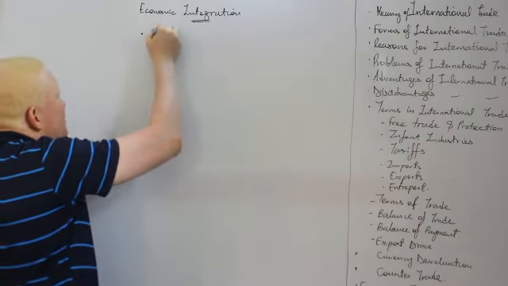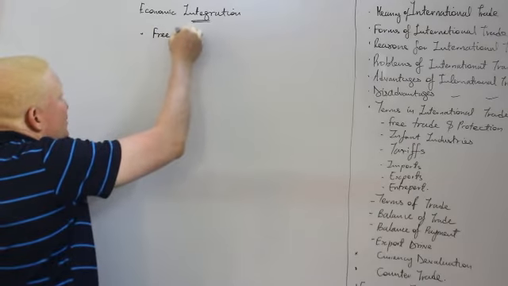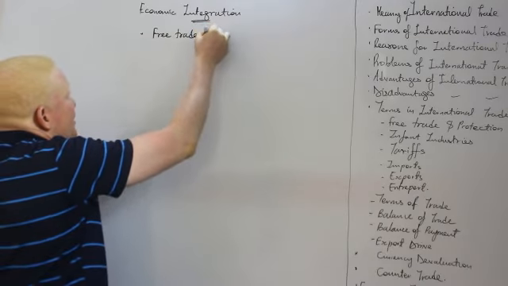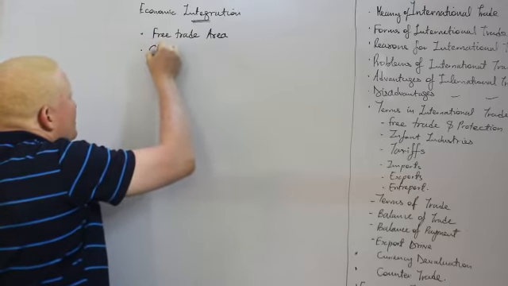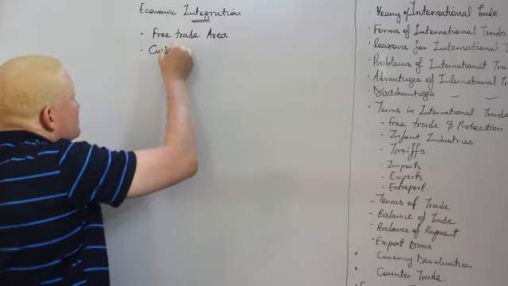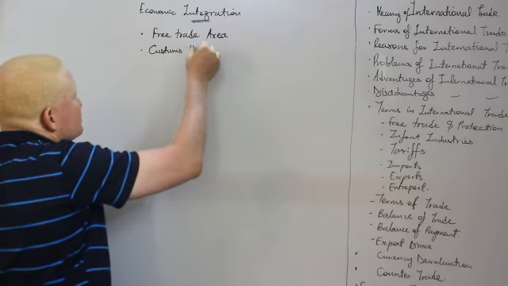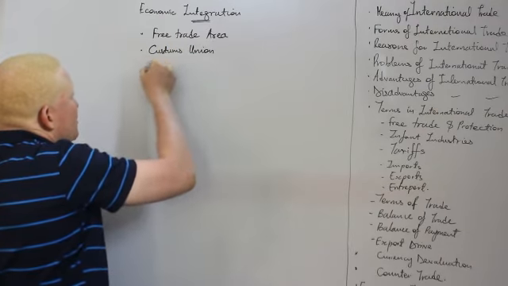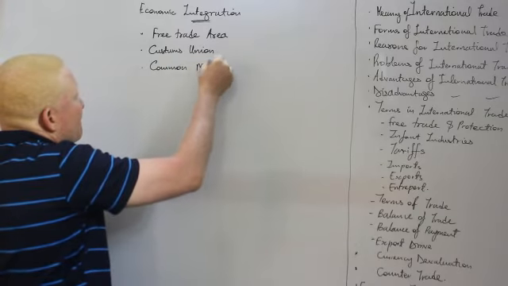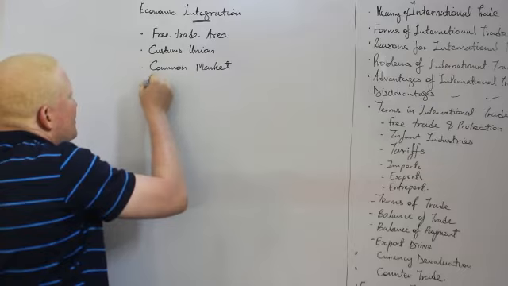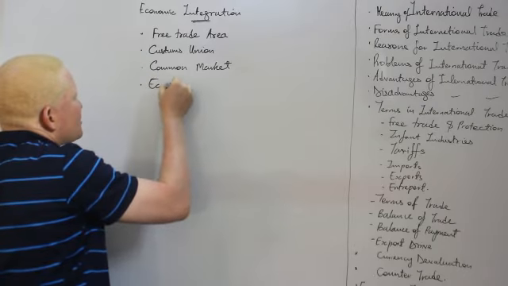We have the free trade area. We have the customs union. We have the common market. And we have the economic community.